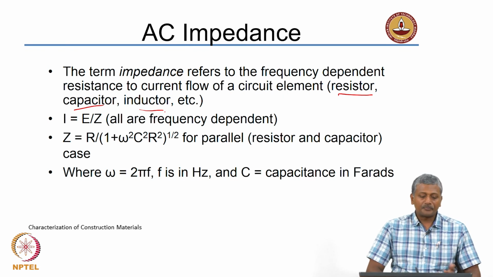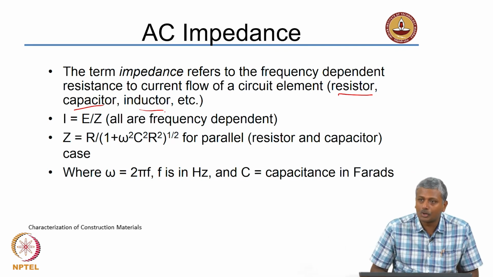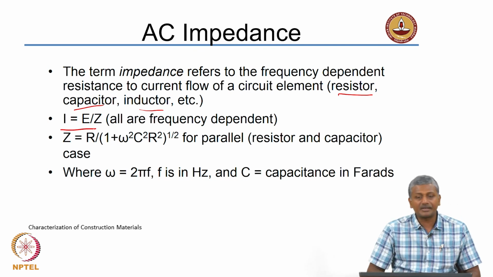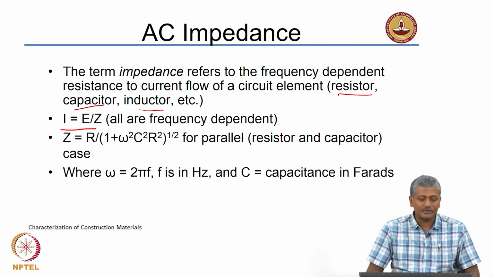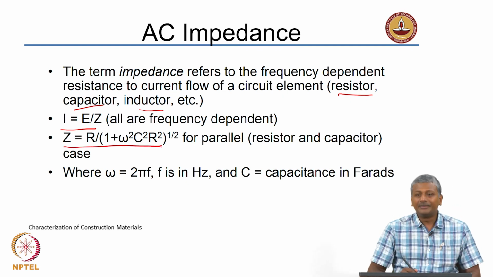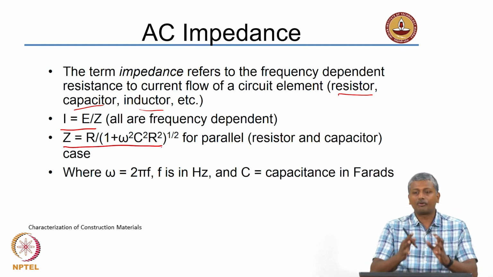Okay. Now, the more generalized form of Ohm's law for an alternating current is written as I equal to E divided by Z, where Z is your impedance, and the calculation of Z will depend on the kind of electric circuit that you draw for your model.